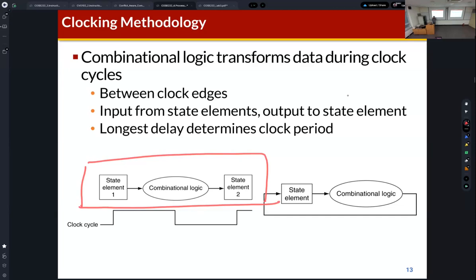So what can you observe? In this model, we can find combinational logic here, right? And then there is state element 1, which is actually a D flip-flop. Also state element 2, which is also a D flip-flop.